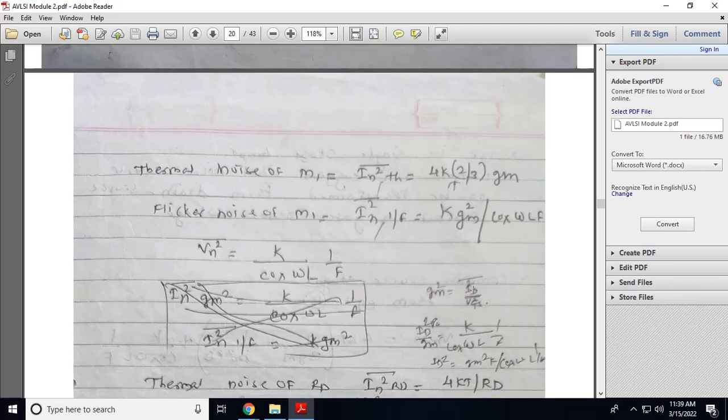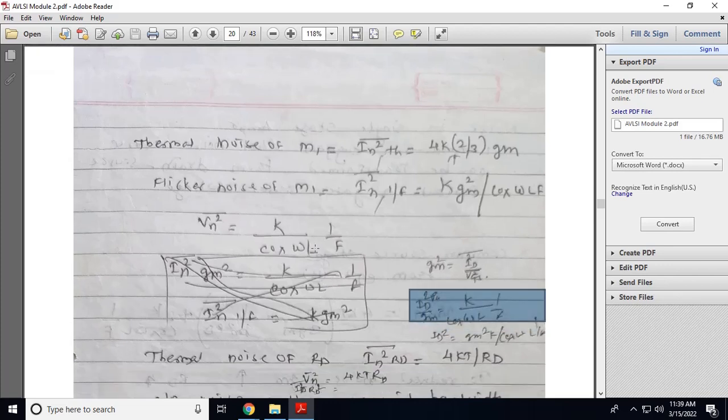So from this equation, ID by gm is equal to this, so we can find the current equation: gm into VGS. So this is gm square, and VGS is this voltage.